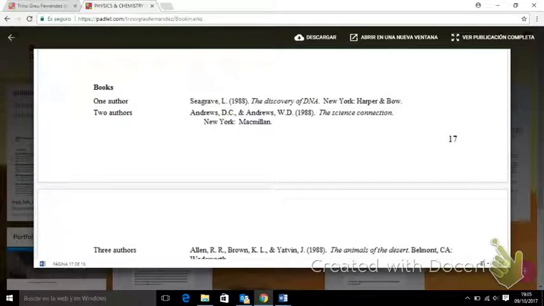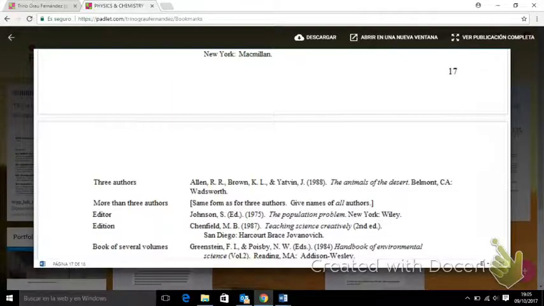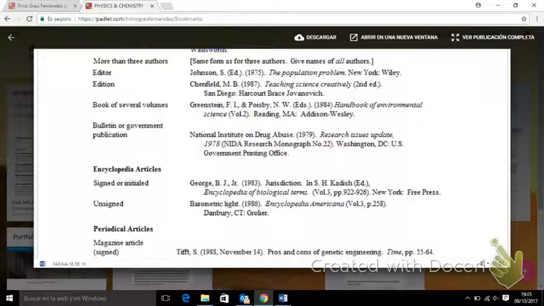Normally you put the name of the author first, and then the year of publishing, the title of the book, and the editor. That's for books. And then for articles, the same pattern, but you need to include the volume and the pages where you can find the article.